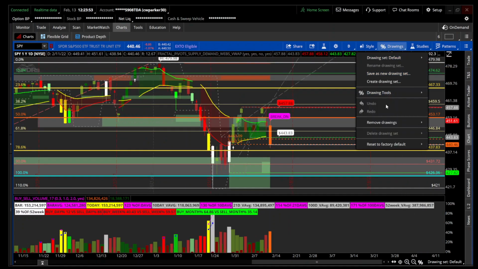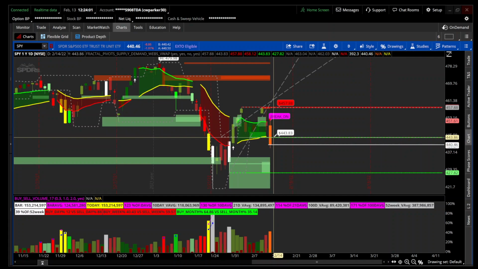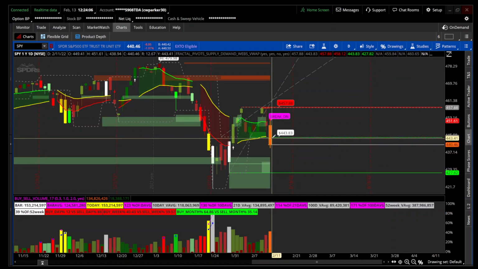Let me get rid of my markers on here. It had a breakdown, so it broke this area of demand. One of the things I've been studying and looking more into as I've been developing this indicator is market structure.